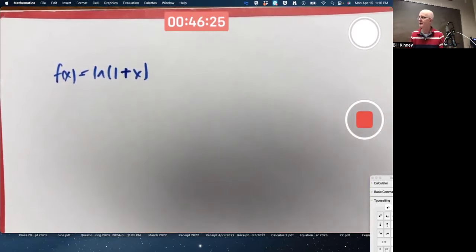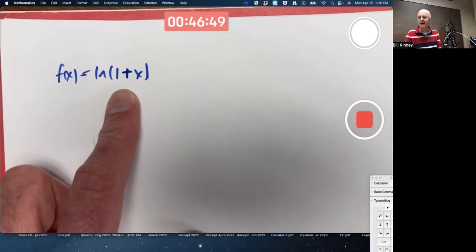Mostly so that we can continue using a equals 0 and also relate it to the previous example. Yes, we could do ln of x itself, but we could not do that about 0 because ln of x has got a vertical asymptote at 0. So we'd have to use some non-zero a, like a equals 1 perhaps. So to keep it at a equals 0, I'm going to do ln of 1 plus x.